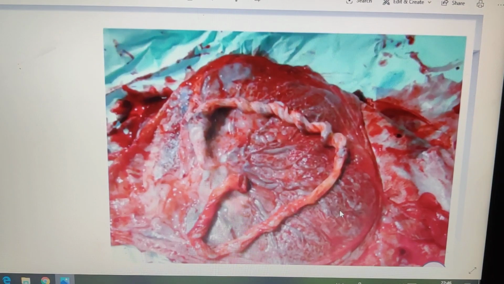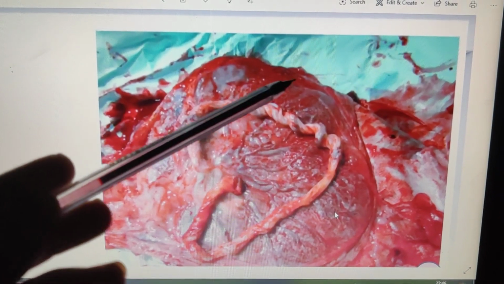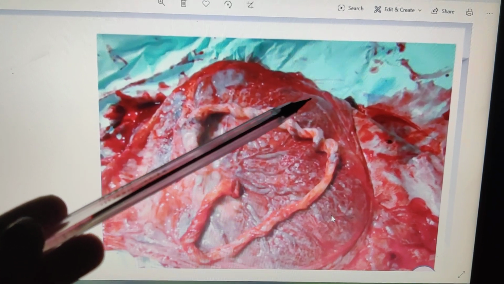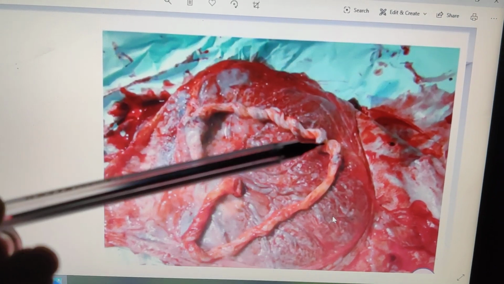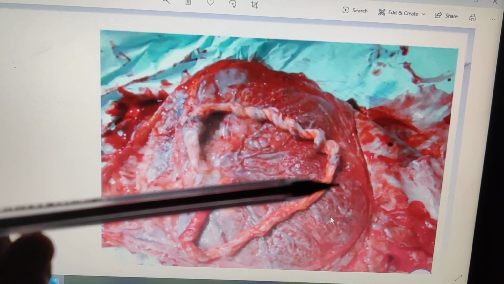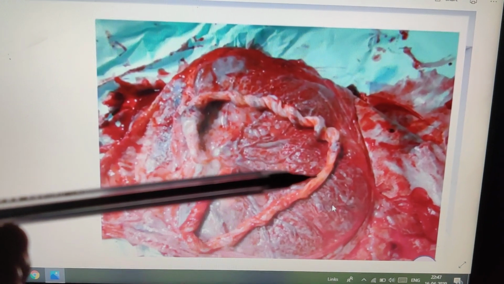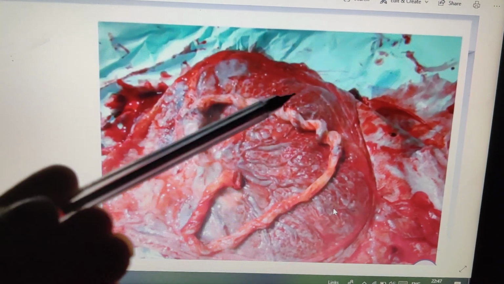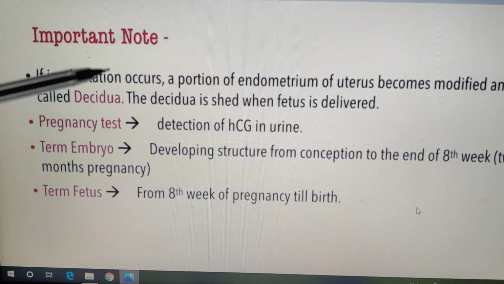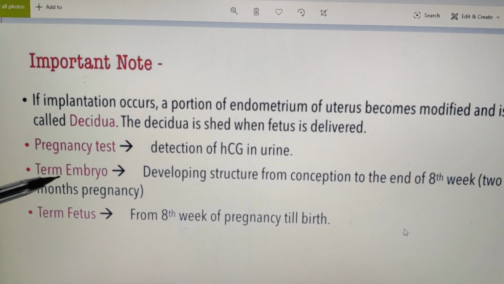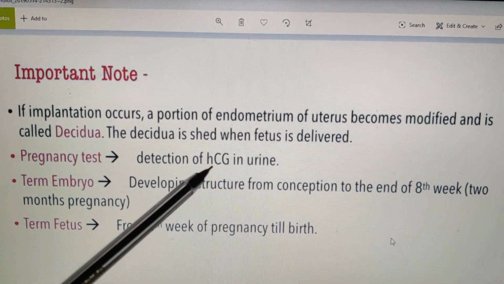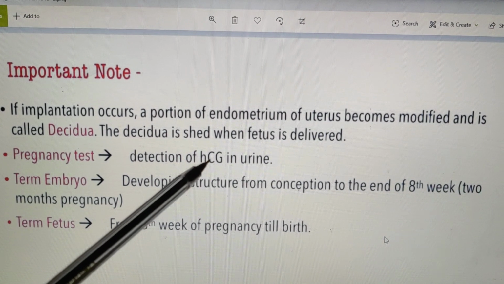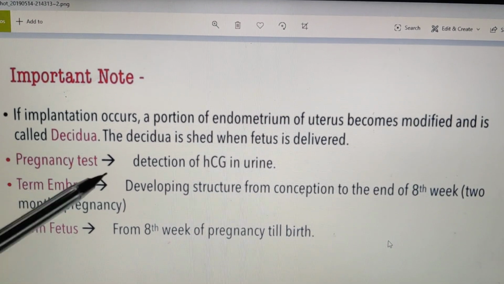Means this part is the decidua, where the endometrium forms a close connection with the trophoblast cells. So this is the remaining uterus part, which is actually the decidua. This HCG presence is actually considered for the pregnancy test.